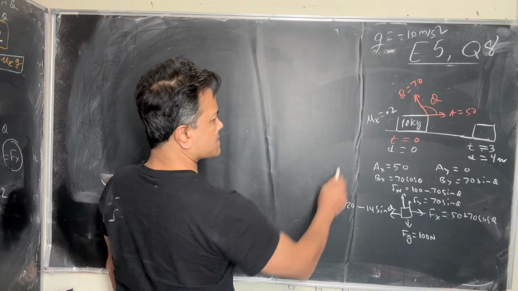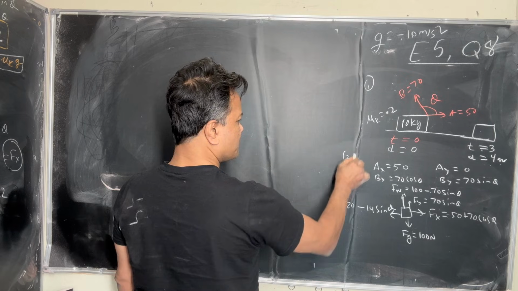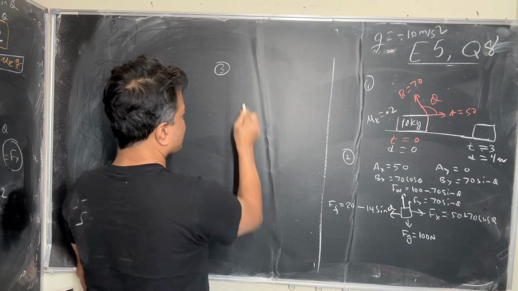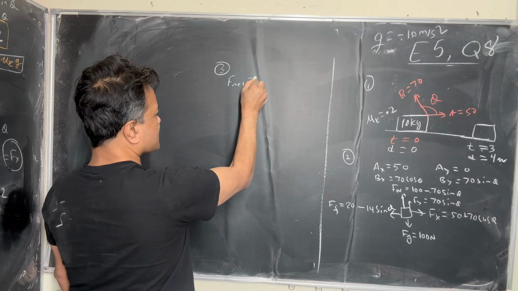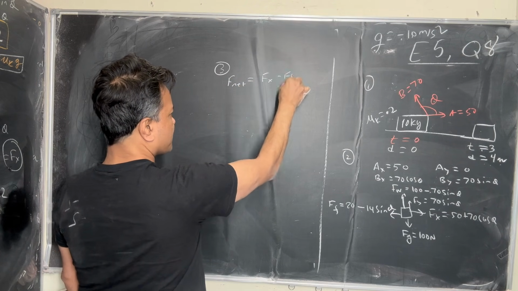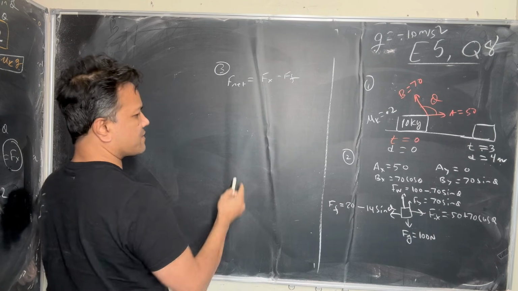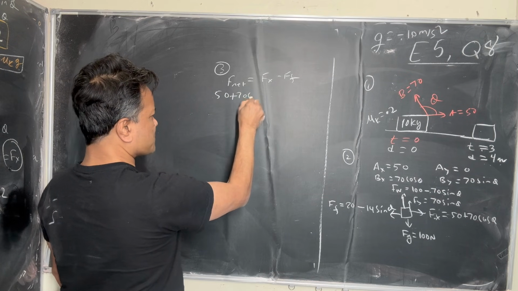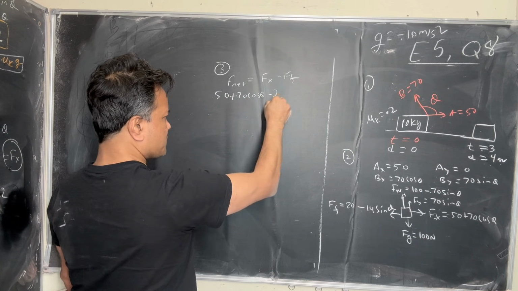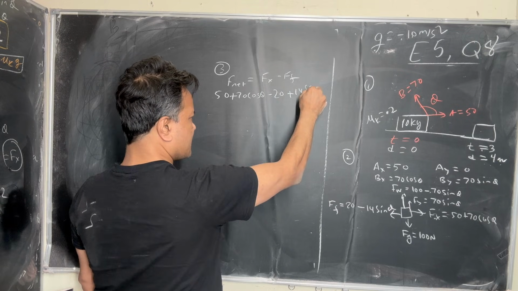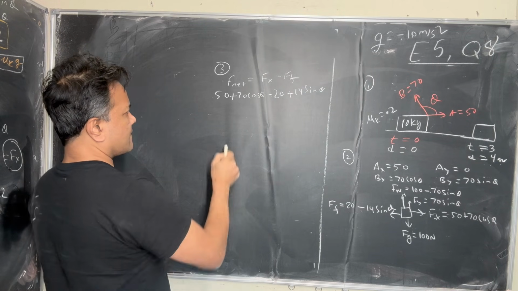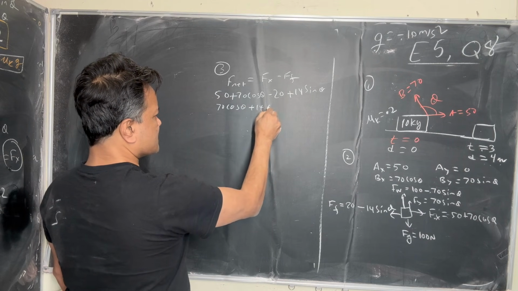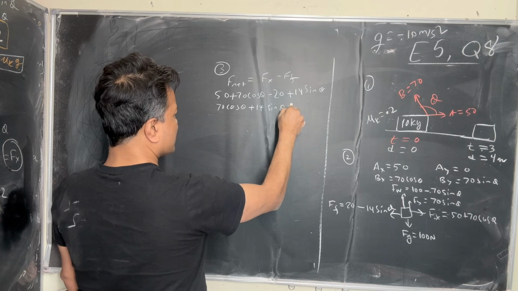Okay, so this is our step 1, this is our step 2, this is our step 3. F net is equal to Fx minus Ff. Fx is 50 plus 70 cosine theta, minus 20 plus 14 sine theta. So 70 cosine theta plus 14 sine theta plus 30.